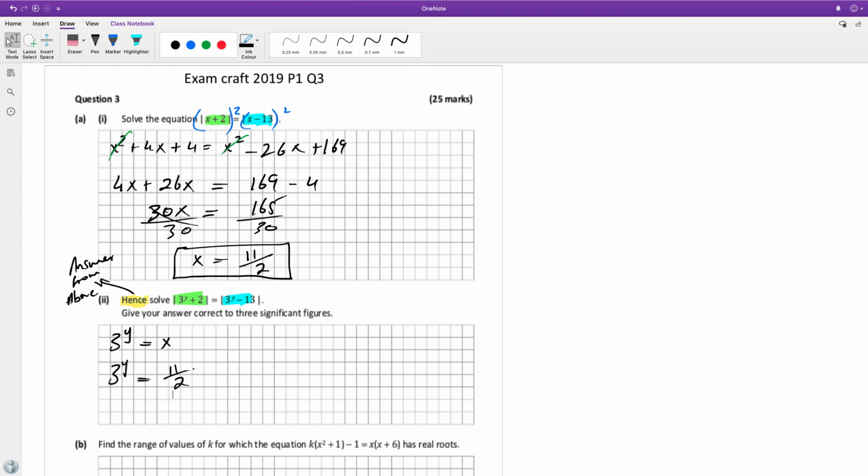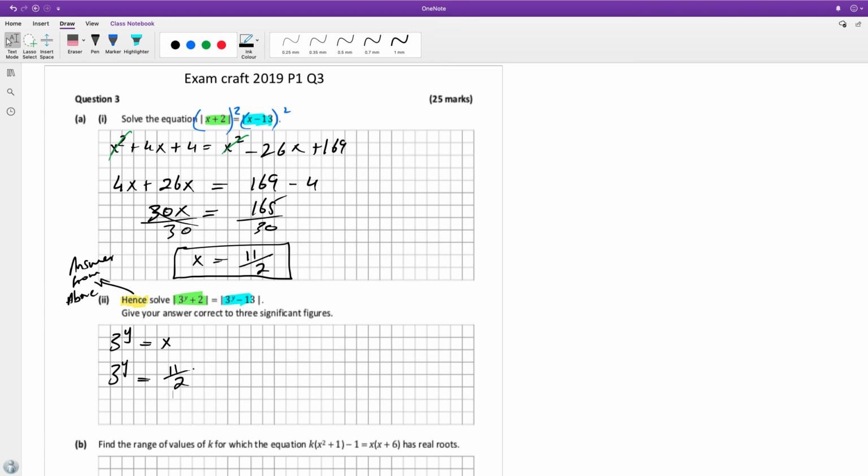What am I going to do with the power stuck up in the sky? We've done this twice already today. What rule are we going to use, guys? We're going to use our log rule. Top right corner, let's go. Log rule.